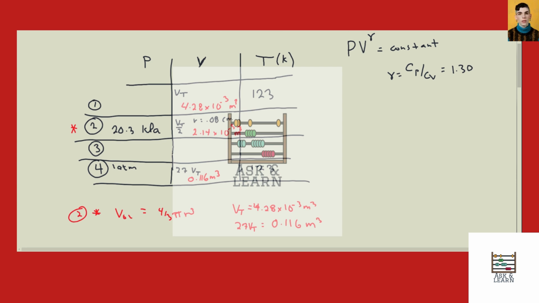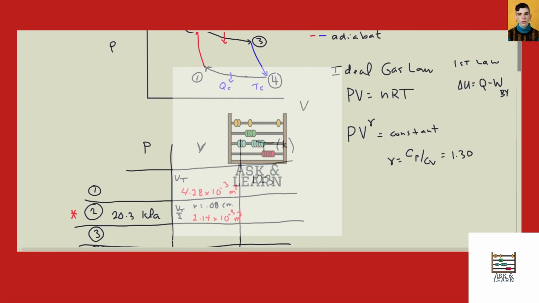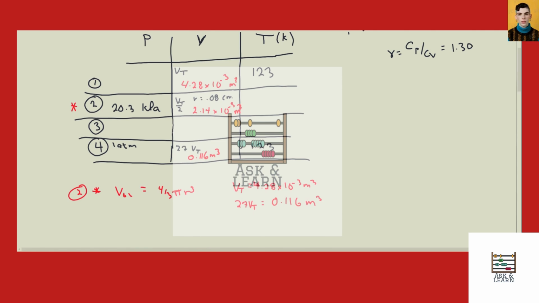So now we've got to do a little bit more work. We see that there's quite a bit of information given in steps 1 and 2, and they are connected through an adiabatic process. So what we can do between 1 and 2, because it is adiabatic, we can set the pressure 1 times the volume 1 raised to 1.3 is equal to the pressure at point 2 times the volume at 2 raised to the 1.3.